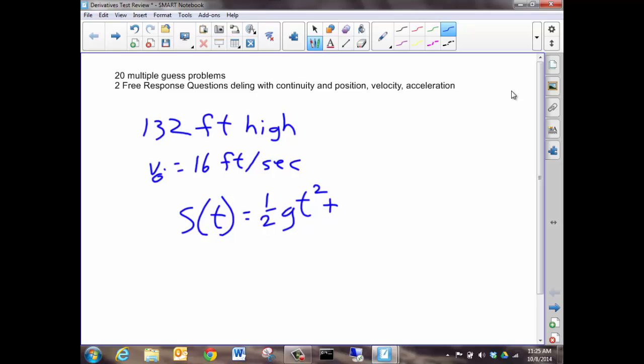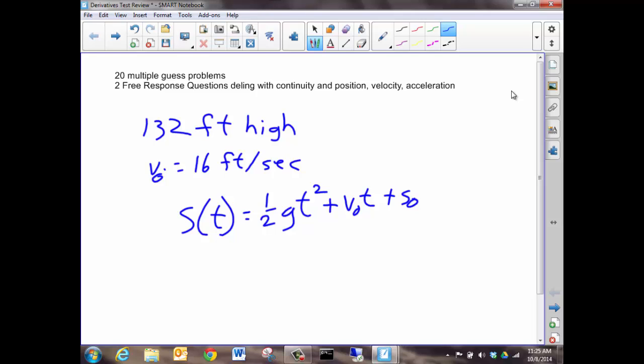Plus v sub 0 t, plus the initial position. In my language, it's V sub 0, the initial velocity. S is position. D is for distance, but we don't have distance. We have position, so it's a little different there. But yes, same thing.